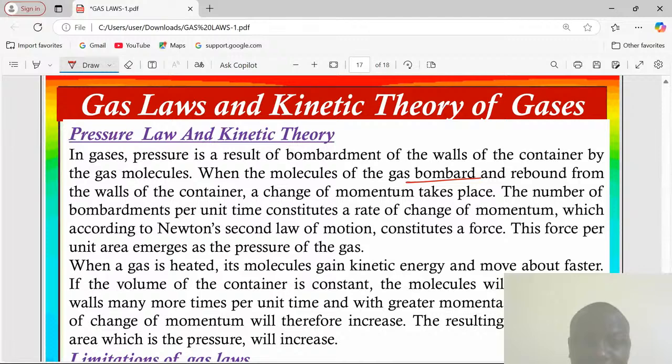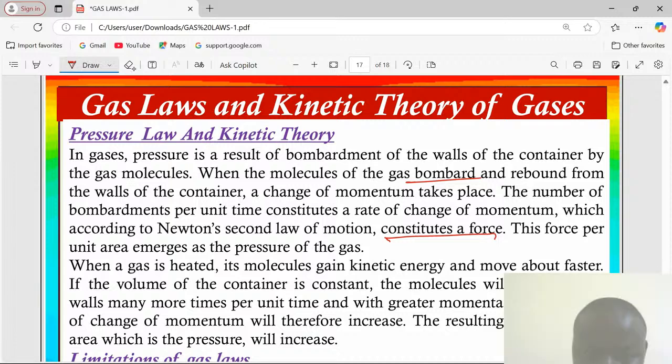The number of bombardments per unit time constitutes a rate of change of momentum, which according to Newton's second law of motion will constitute a force. This force per unit area emerges as the pressure of the gas.